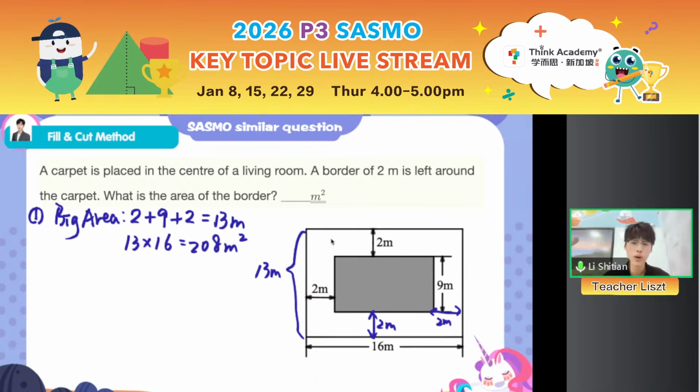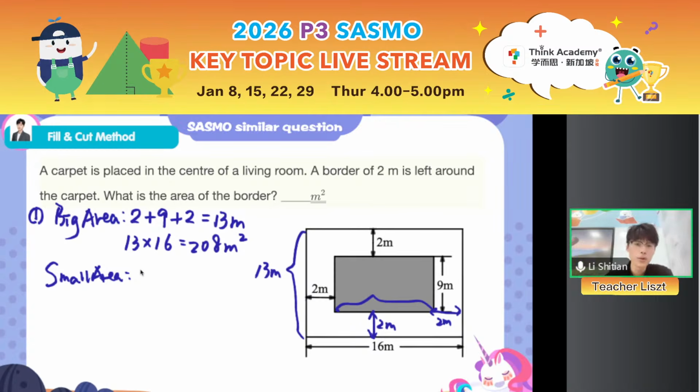It is 208. Then I want to find out the area of the shaded rectangle. Do you know how to find out the area of it? Of course, it is very easy, because we know the breadth here. What about the length?